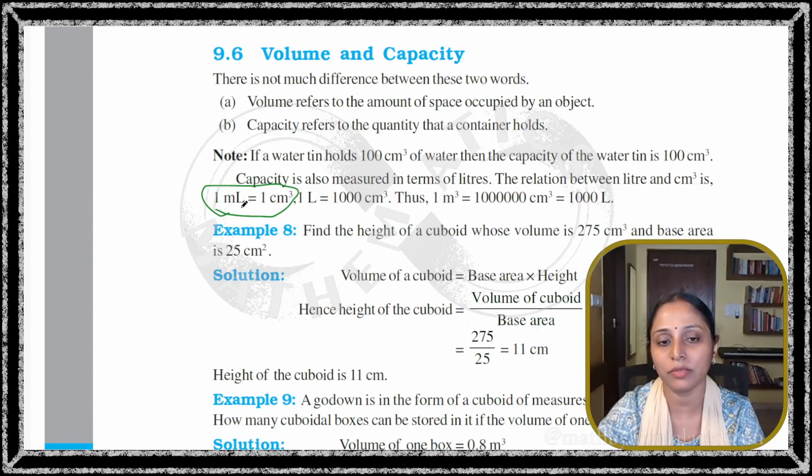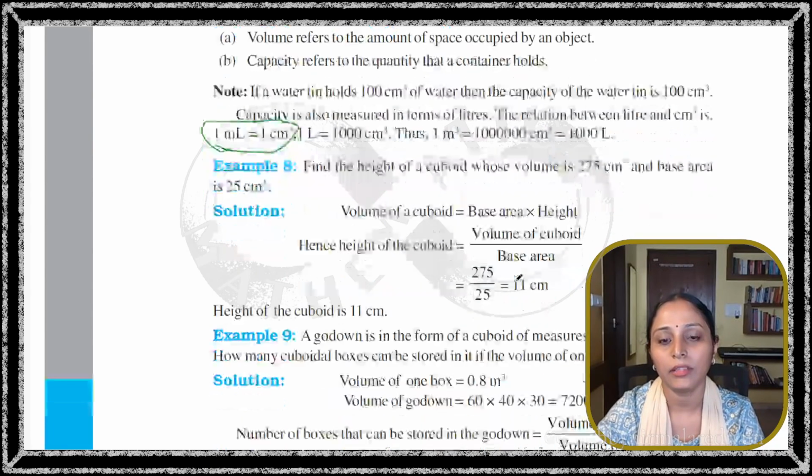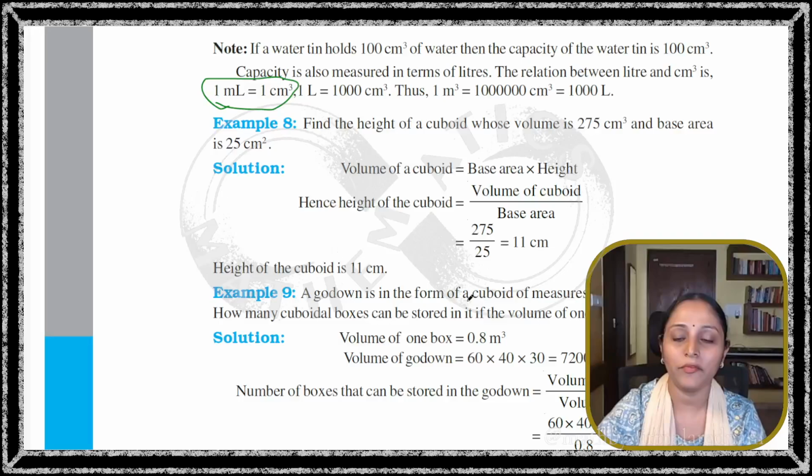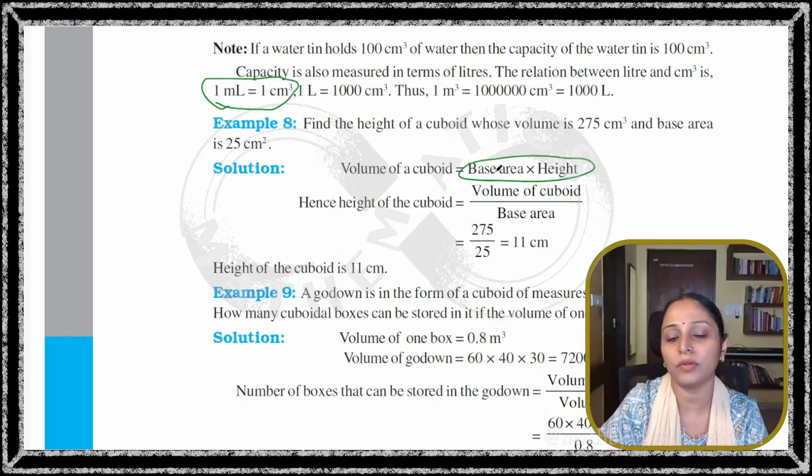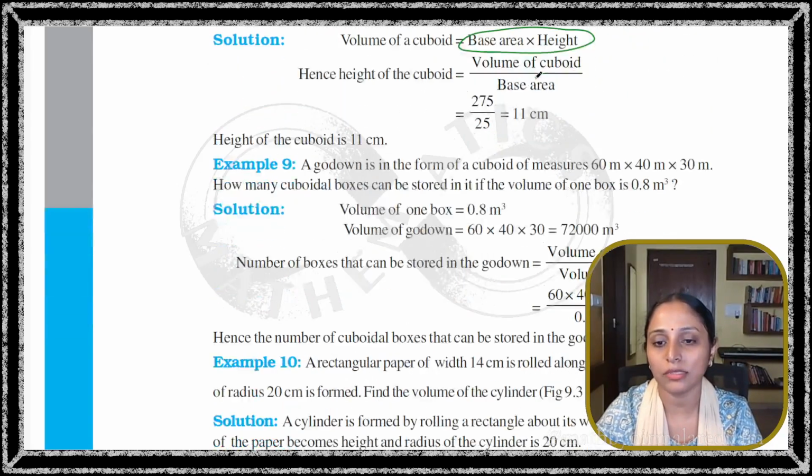So that is the relation between the units, liters and meter cube. If you remember this, all the rest will follow from there, right? So they have given a few solved examples where again, like we discussed, base area into height. If you remember this, you will be able to solve these questions.